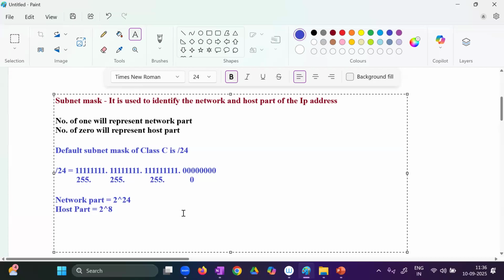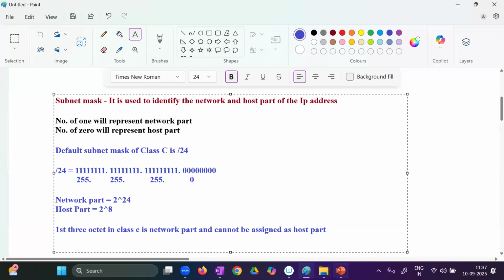It means that the first three octets in class C are the network part and cannot be assigned as host.